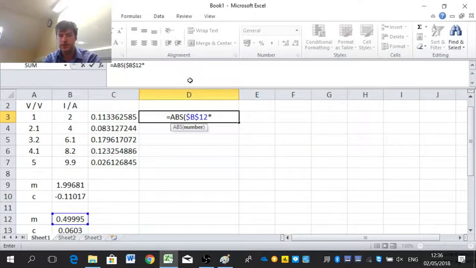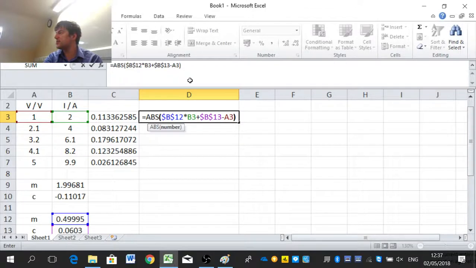Times B3 plus A dollar B dollar 13 minus A3. Close the absolute. Should this be a big or a small number? Well, actually, it should be small. They all should be small.